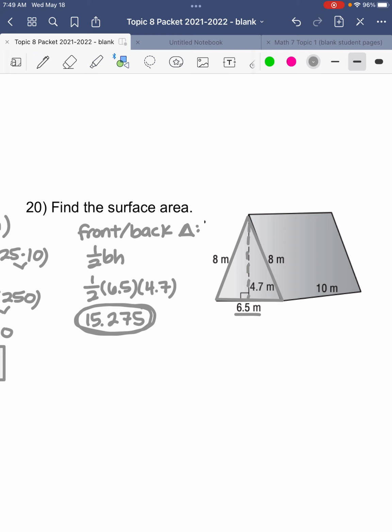Well, let's look at this rectangle right here that I'm tracing. And I know I'm tracing in gray, so it's kind of hard to see, but there we go. So I'm looking at this rectangle right here now. Okay? Well, I'm going to call that the left and right because there's one on each side. And I know it's a rectangle.